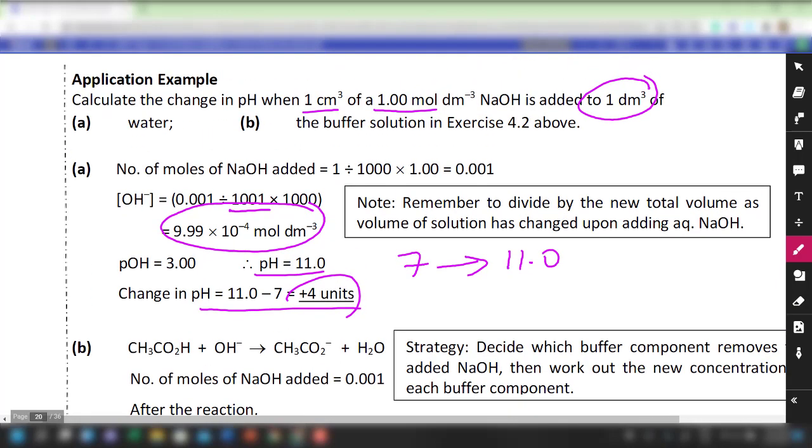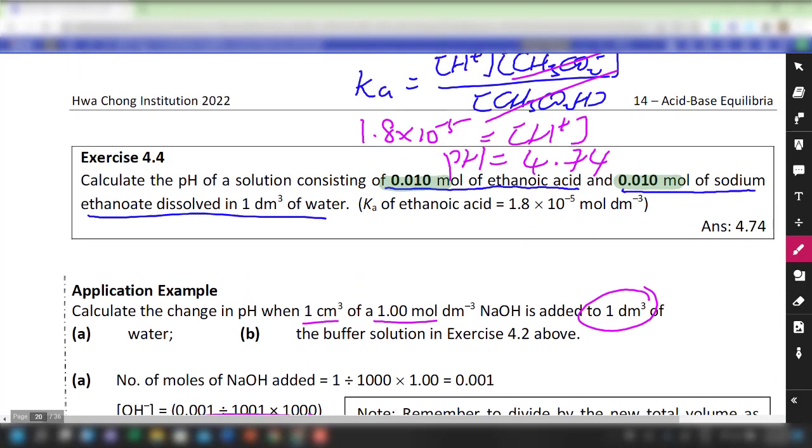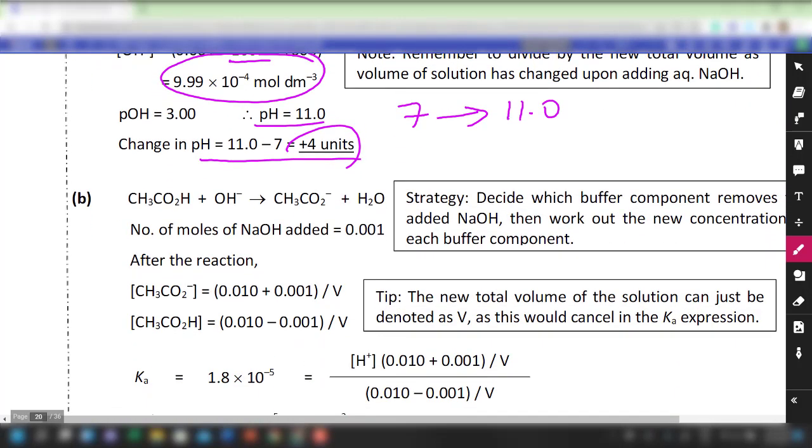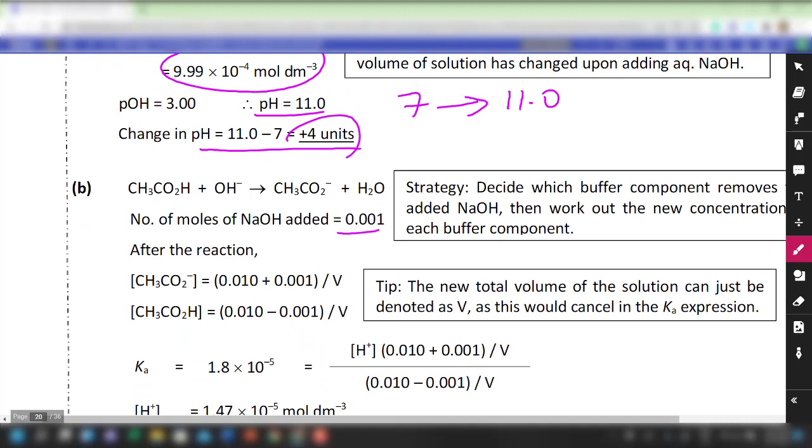Okay. Then for the buffer earlier on, which we calculated above, remember that the amount of ethanoic acid is 0.010 and the amount of sodium ethanoate is 0.010 as well. The number of moles of hydroxide added is 0.001, so that's 10%. Okay, so in that case, because they react in a 1:1 ratio, if 0.001 moles of sodium hydroxide is added, the amount of ethanoic acid consumed will be 0.0010.